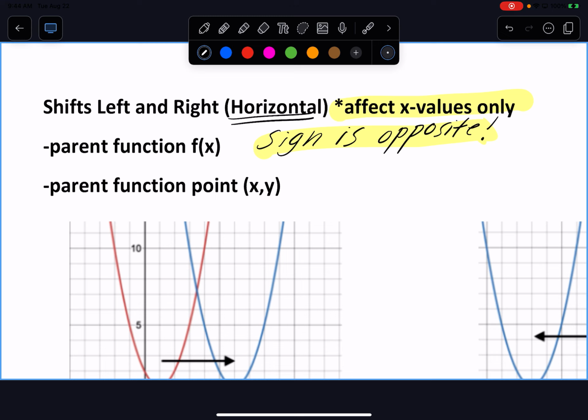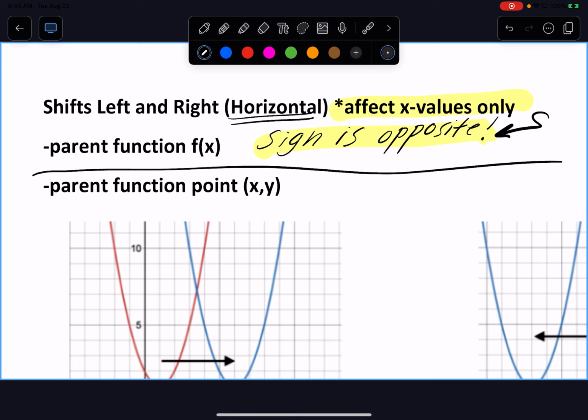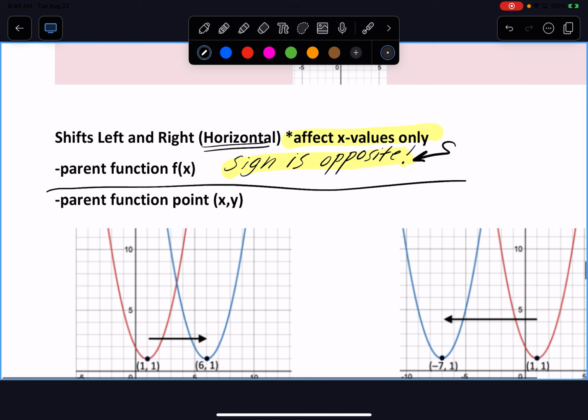Now if we're writing the f of x answer, this is only true for the f of x answer. The sign is written opposite, and fun fact for you, it's actually located inside the parentheses with the x. It looks like this, f of x plus h. Do you guys see how I'm adding it inside the parentheses? Shifts left and right are added inside the parentheses.